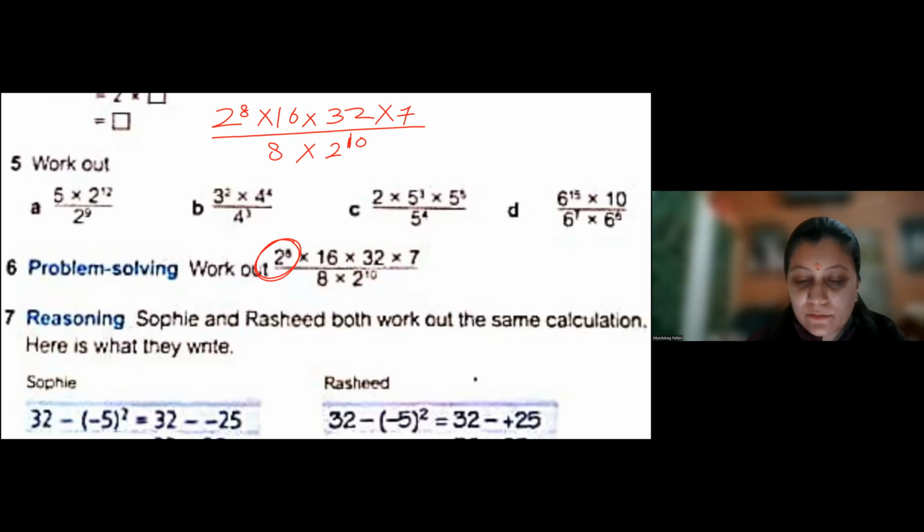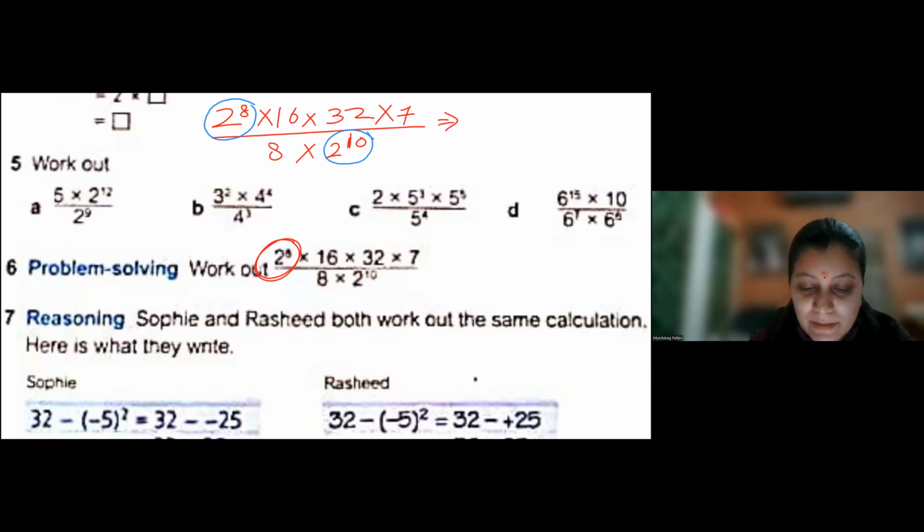First of all, we see 2 to the power 8 over here, 2 to the power 10 over here. These can be solved together because the bases are the same. I'll tell you all the ways by which we can do this. Whatever bases are the same, we can first solve them.